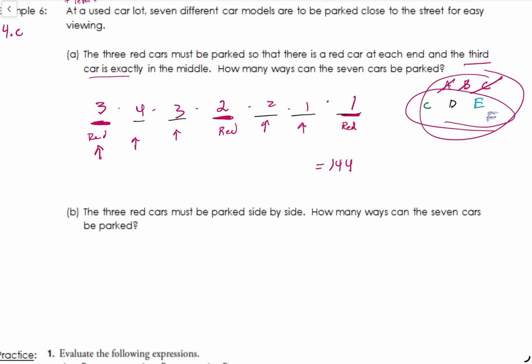Uh-oh, hold on. Let me do this again in my calculator. 3 times 4 times 3 times 2 times 2, and what I get is 144. There we have it. Now let me go on to this next question.